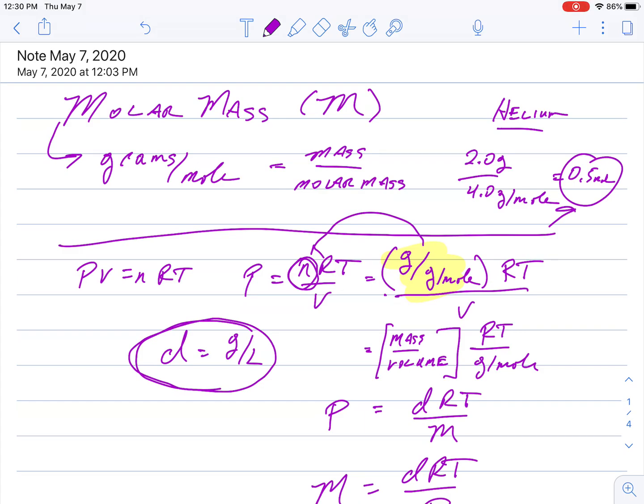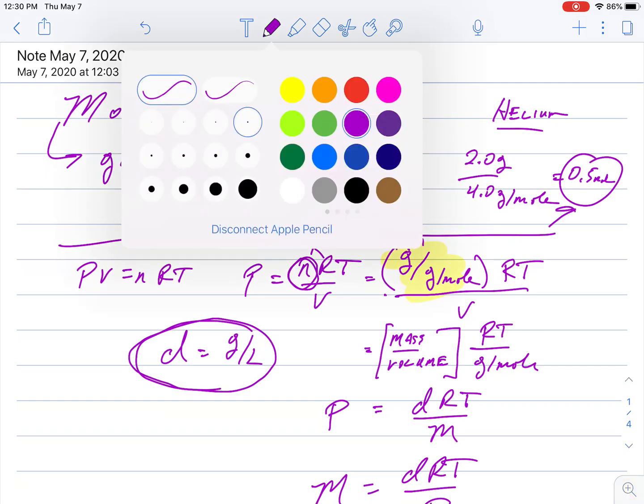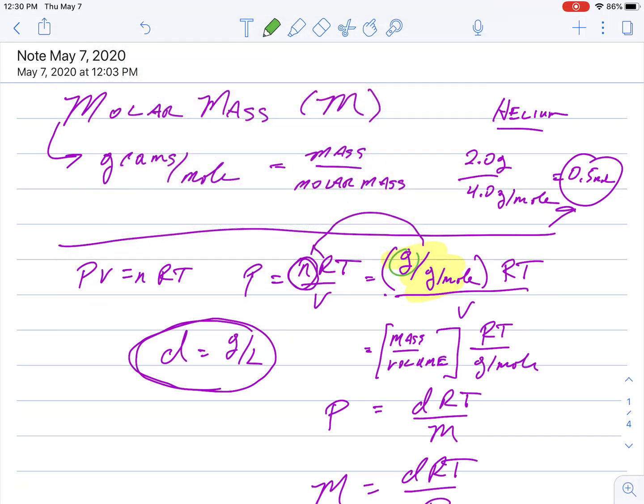If I look at this in terms of taking this mass here and this volume here, I can combine that, so that's mass per volume, so I pulled that out.